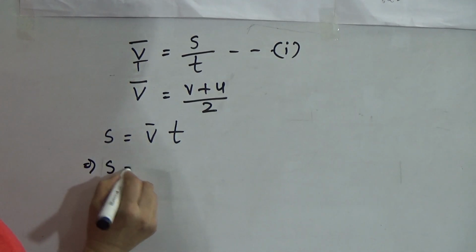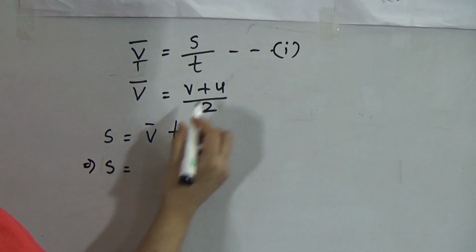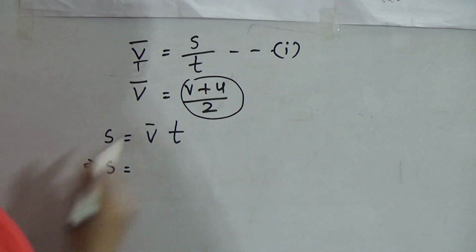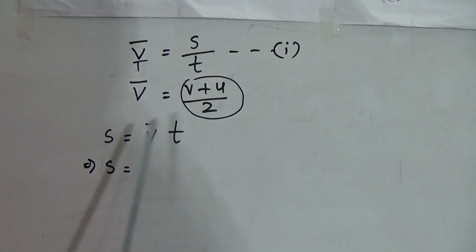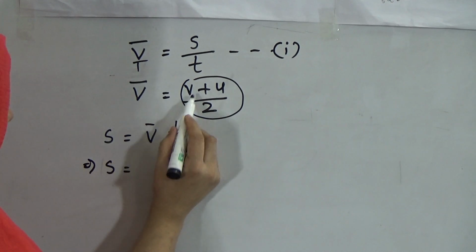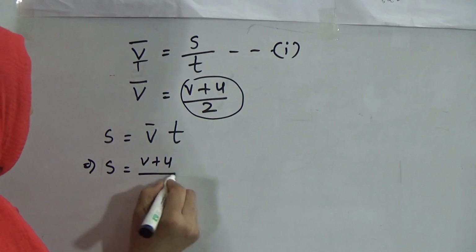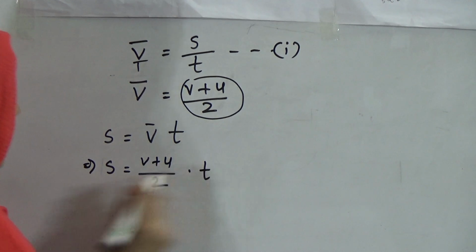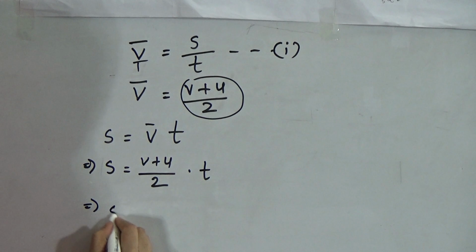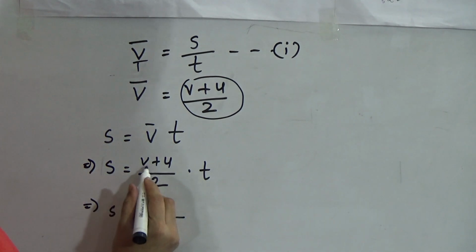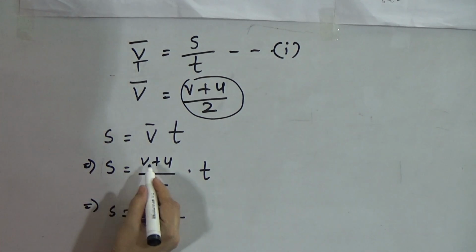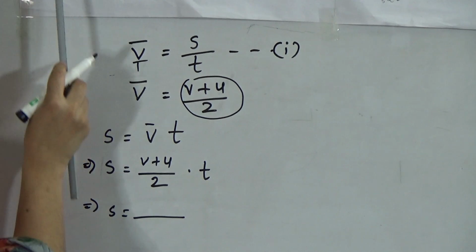Now the value of v bar we can put here. That means s equals v plus u divided by 2 into t. And we know the value of v is v equals u plus at.